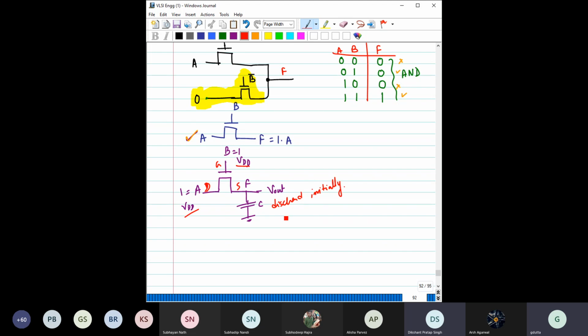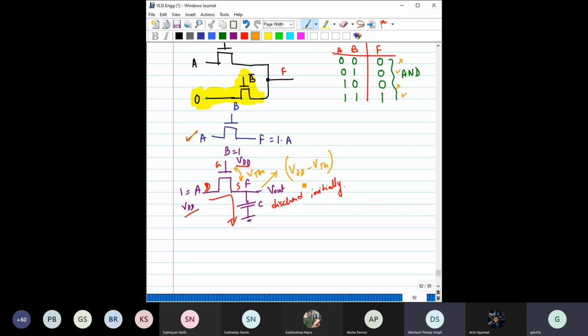Then what will happen? This capacitor will start charging, and you know that there has to be one threshold voltage difference between gate and source. So the maximum voltage that you can reach here is VDD minus VTH.